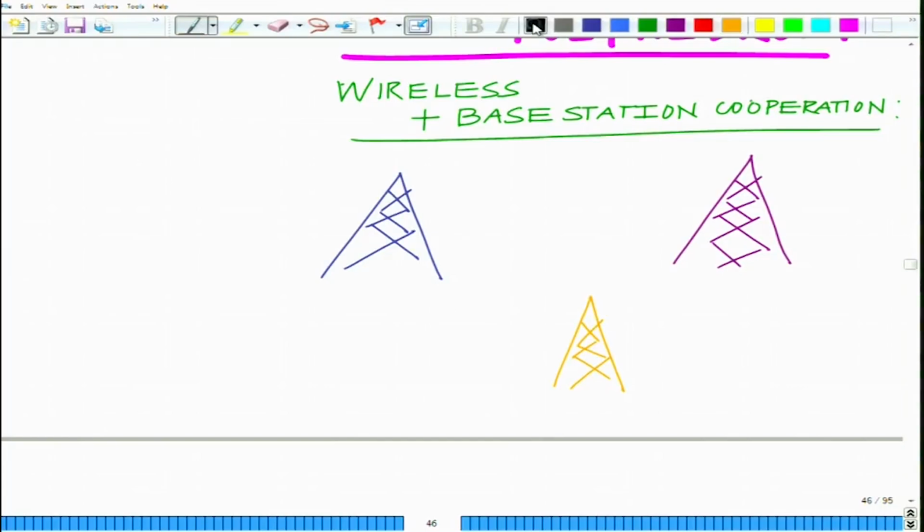Okay. So, each of these towers is, let us say, a base station, and you have a mobile that is being simultaneously served. In fact, you have several such mobiles being simultaneously served.